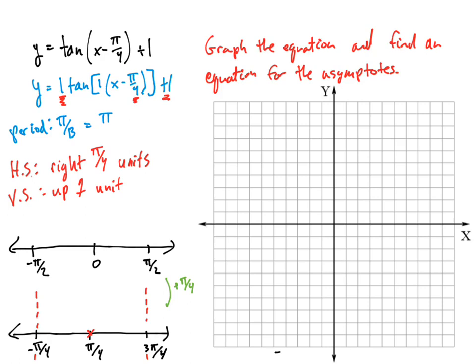So when we think about graphing this, we need to move everything up 1 unit, because that was the vertical shift. And we're going to have an asymptote. Nope, we're not going to have an asymptote there. We're going to have an asymptote at negative pi over 4. So how about right here?